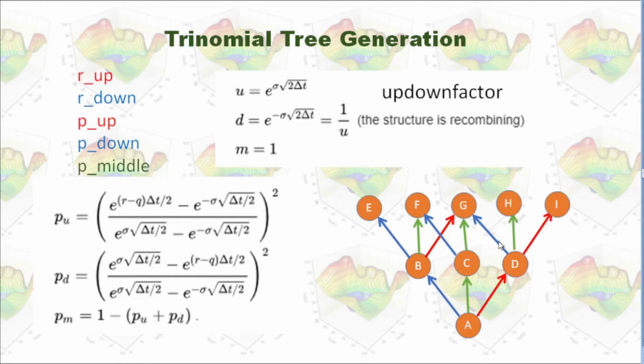So for data point I, this is easy to calculate because there's only one way to get there.